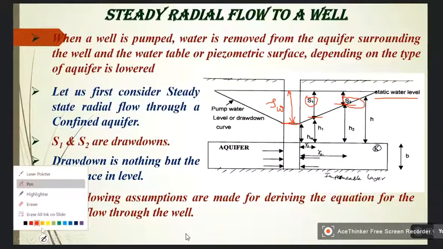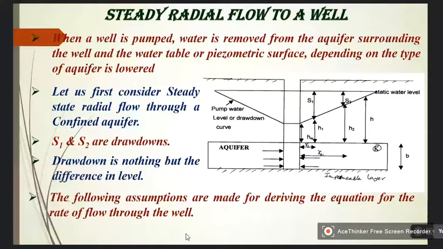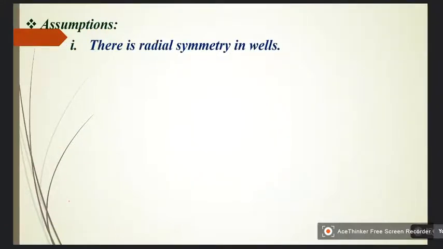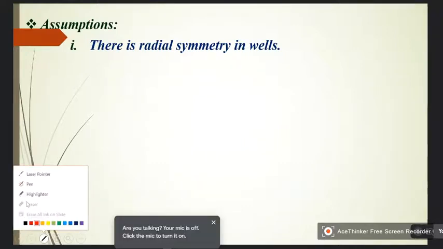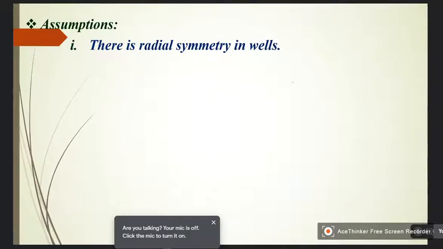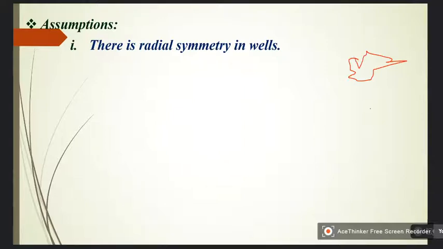Now, what are the assumptions? Let us see the assumptions. So, there is radial symmetry in wells. That means if you consider the well, the well is not something like this, but the well is a symmetrical well.